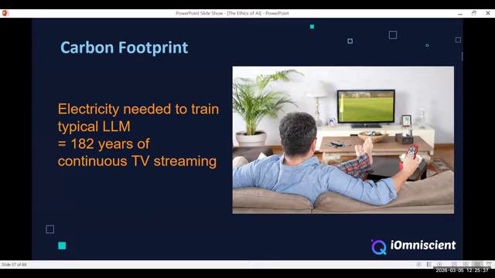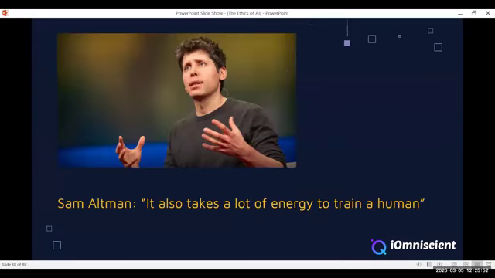That's many, many lifetimes. If you were just watching it day and night for 182 years, that's the amount of electricity it would take to train one LLM for Google. That's an enormous amount of electricity.